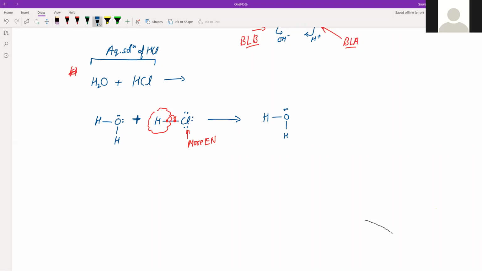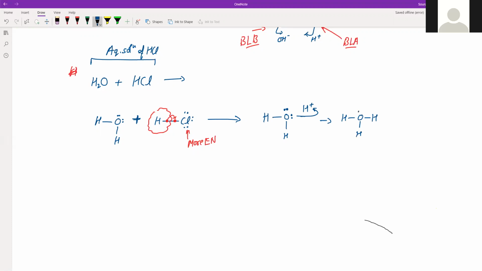So remember now, H plus has no electron and this O has a pair of electrons. So that H plus has a vacancy for two electrons, and this is the electron pair which is available here. So now what will happen due to this? We have something like this, okay?